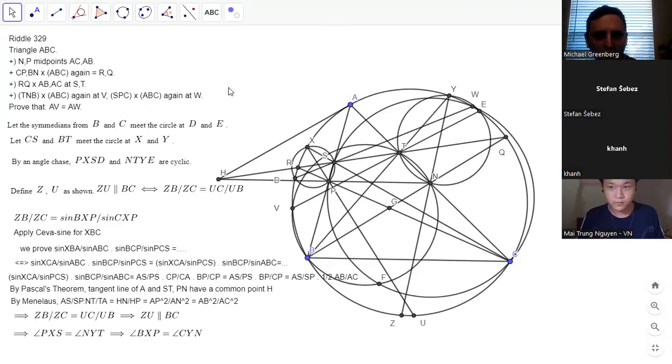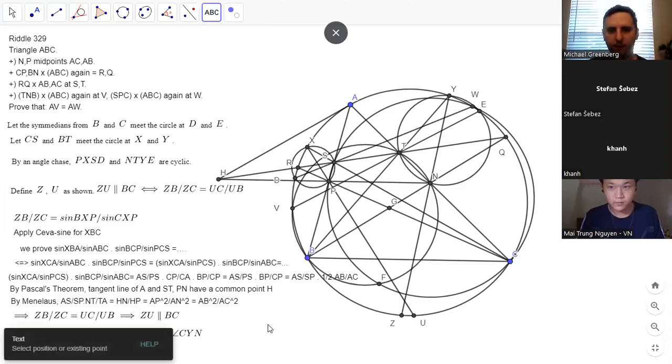Okay, so since they're symmedians, D and E, we know AECB is harmonic. So that means that AVBY is harmonic.